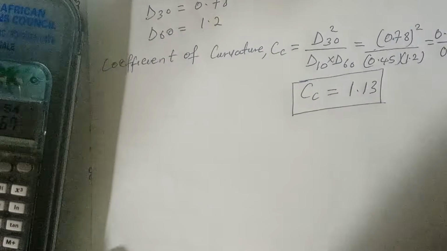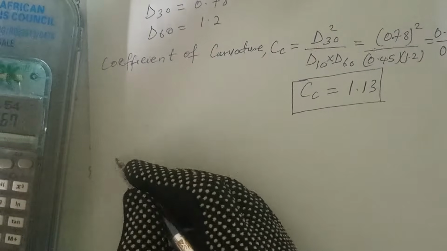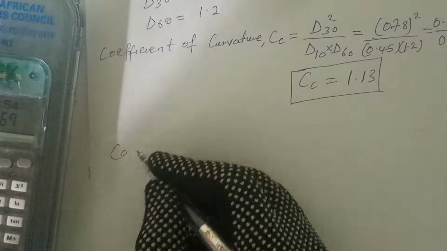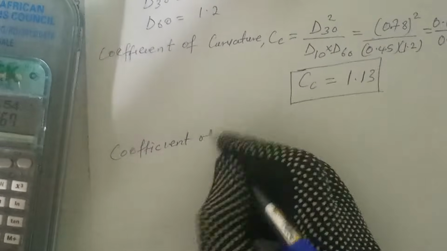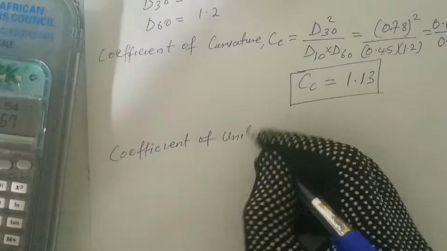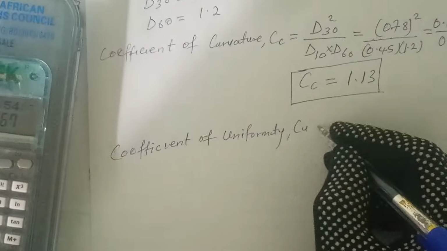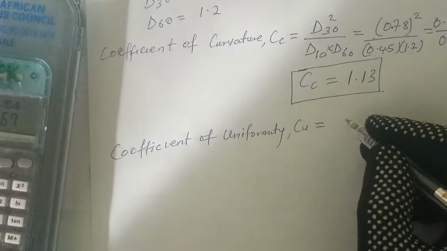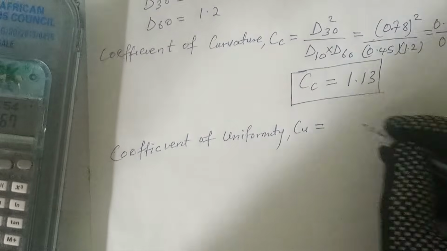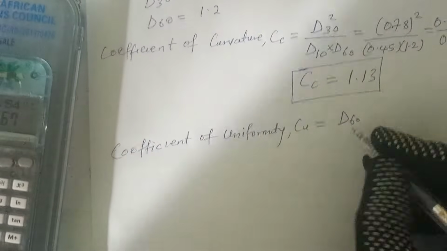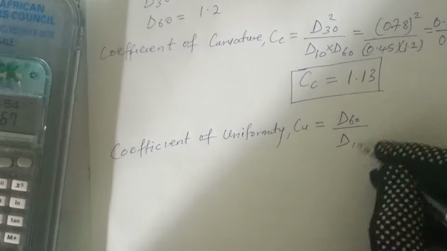So next we are going to find the value for the coefficient of uniformity, CU. The formula is D60 over D10.